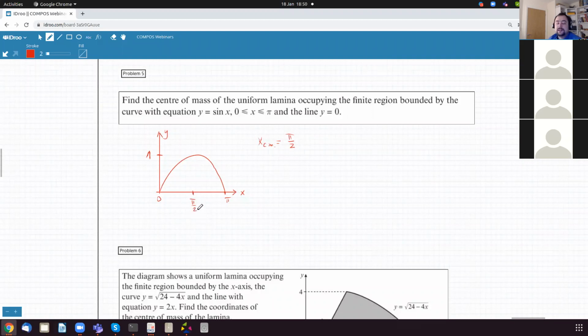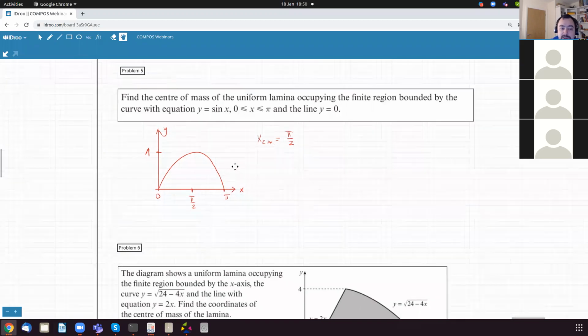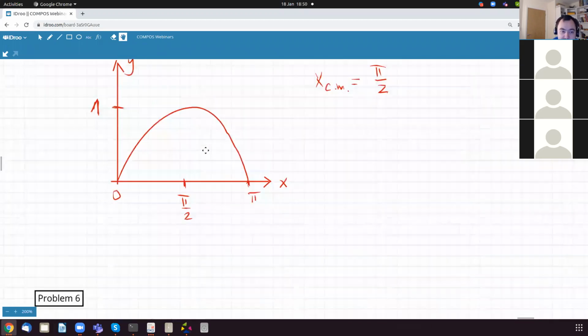Which makes your life slightly easier because you don't have to calculate the X now. So now you're stuck with the Y. Now to find the Y coordinate of the center of mass, you need to cut it into horizontal strips, not vertical. So you cut it into horizontal strips.